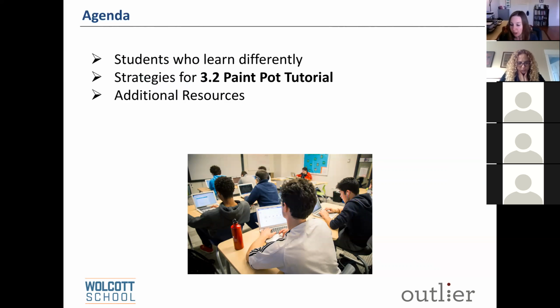We'll also walk you through the mobile CSP lesson 3.2 paint pot tutorial, which is one that we reviewed and wrote up some recommendations for, specific to the ways that teachers can adjust certain parts of the lesson to improve accessibility for students who learn differently. And then finally, we're going to point you to some other resources that we have to help you take a similar approach as part of your computer science lesson planning.